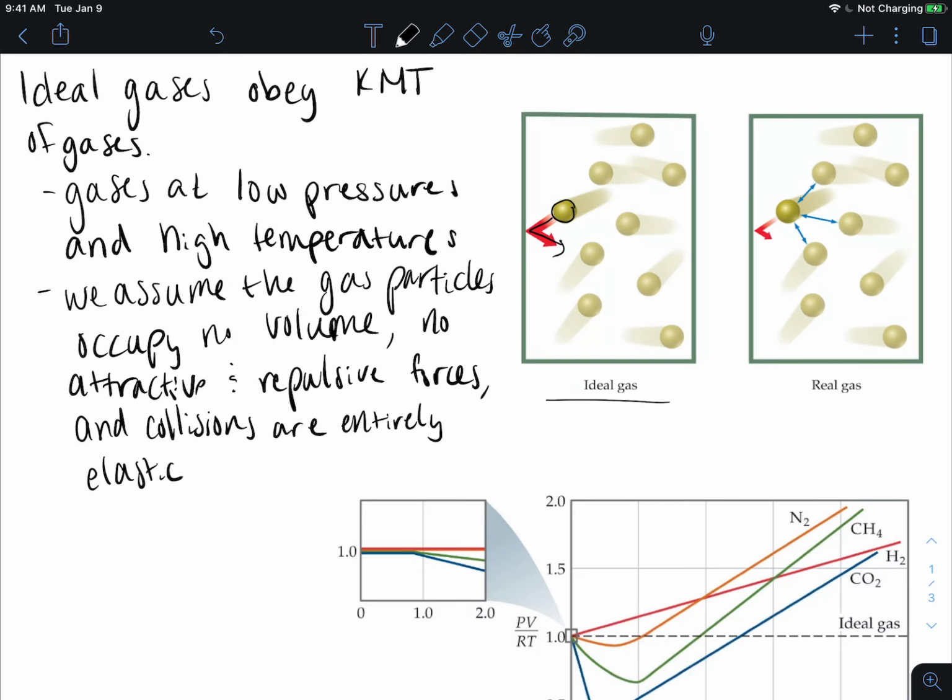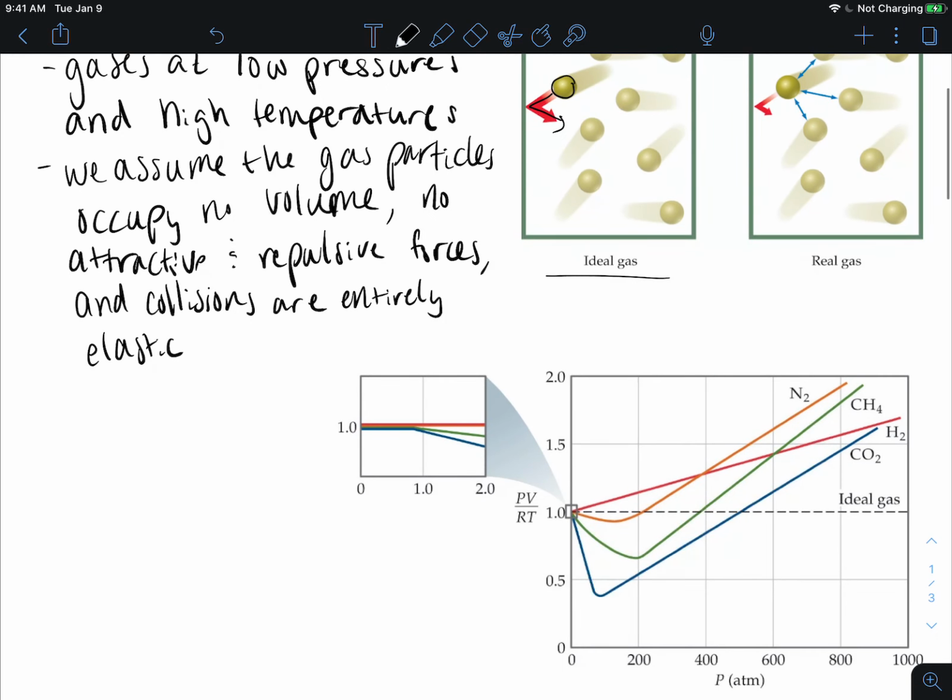Now, when we compare this to a real gas, a gas where we have high pressures or low temperatures, we've got things that are interacting more. As we get higher pressures, our particles are getting closer and closer together. As we get lower temperatures, they're not moving as quickly, so we don't have quite those elastic collisions that we see at high temperatures.